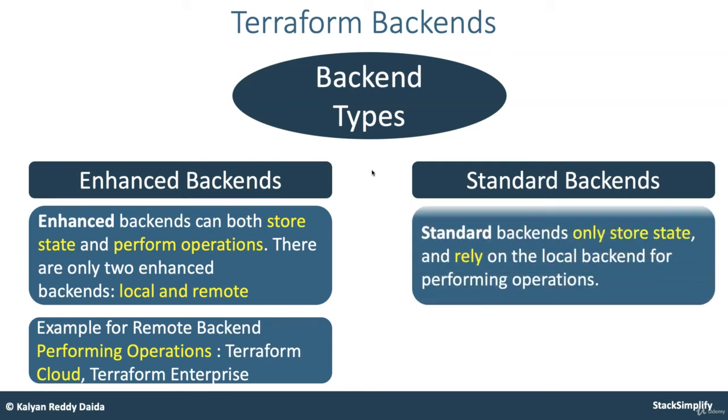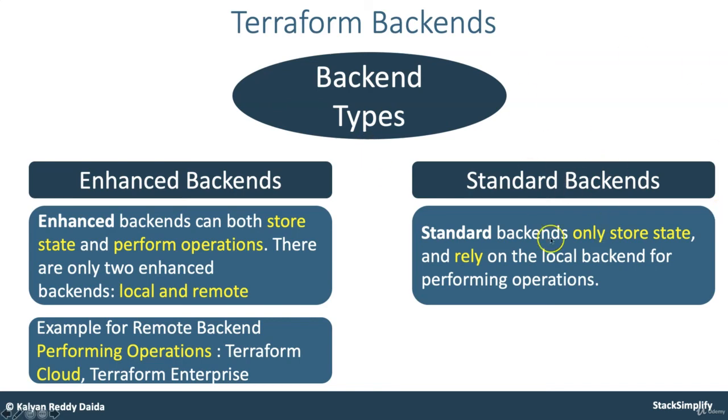Standard backends can only store the state and rely on the local backend for performing the operations. Standard backends means, let's consider what we did in our previous demo: AWS S3 for state storage with state locking in DynamoDB. There you are able to store the state and enable state locking, but operations you are performing from your local Terraform CLI.